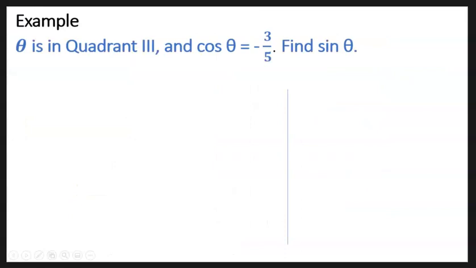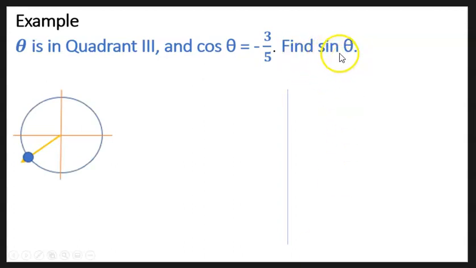Let's use this Pythagorean identity to find the sine theta given the cosine theta, which is equivalent to negative 3/5, and the theta is located in the third quadrant. So first, we know that the point is somewhere in quadrant 3. To find the ratio of the sine, which is what we're trying to solve, we will use the Pythagorean identity: sine squared theta plus cosine squared theta equals 1.